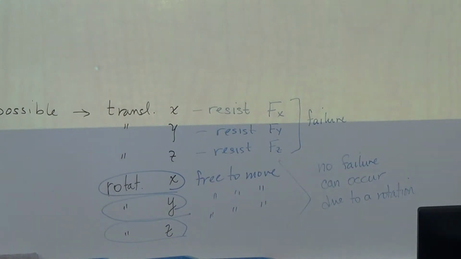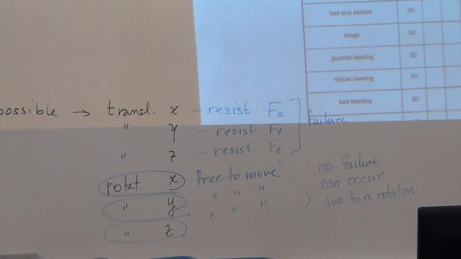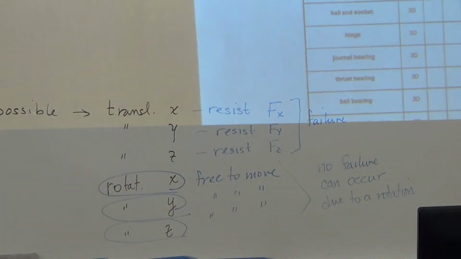Okay, so everybody got a table. Let's take a look at that table. Let's look at ball and socket joint. So let's read what the table says. All these things are called connections. They're also called supports. They're synonyms.